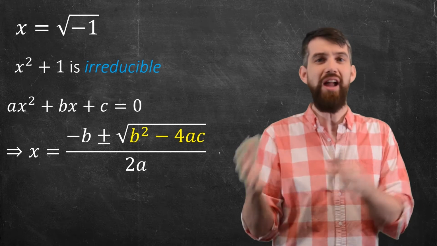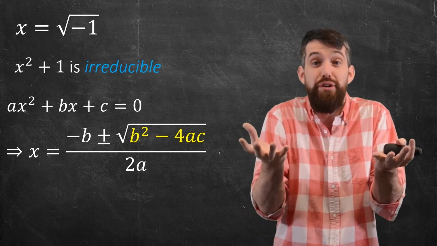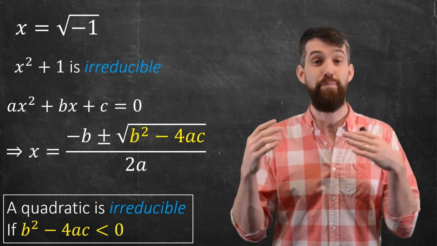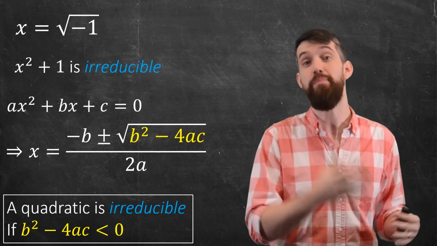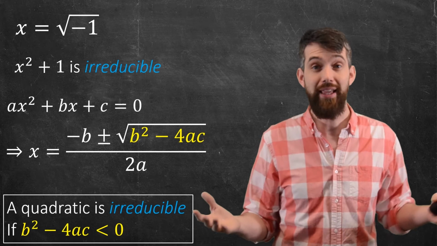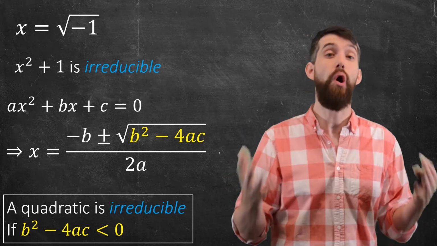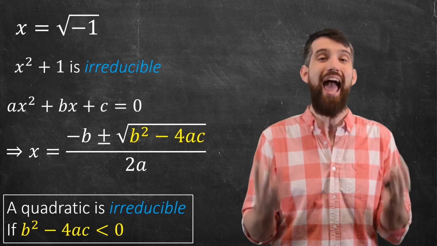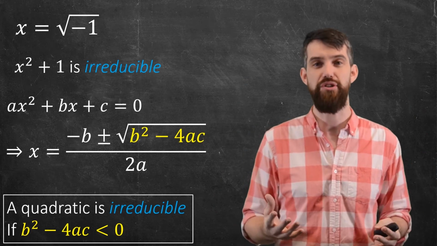So I can only find two factors, and therefore will only be able to factor it as a product of linear terms if we have that b squared minus 4ac being positive. So when that's not the case, when it's negative, we call it irreducible. There's nothing we can do to these quadratics. They just sit there and I cannot break them up as the product of linear terms.